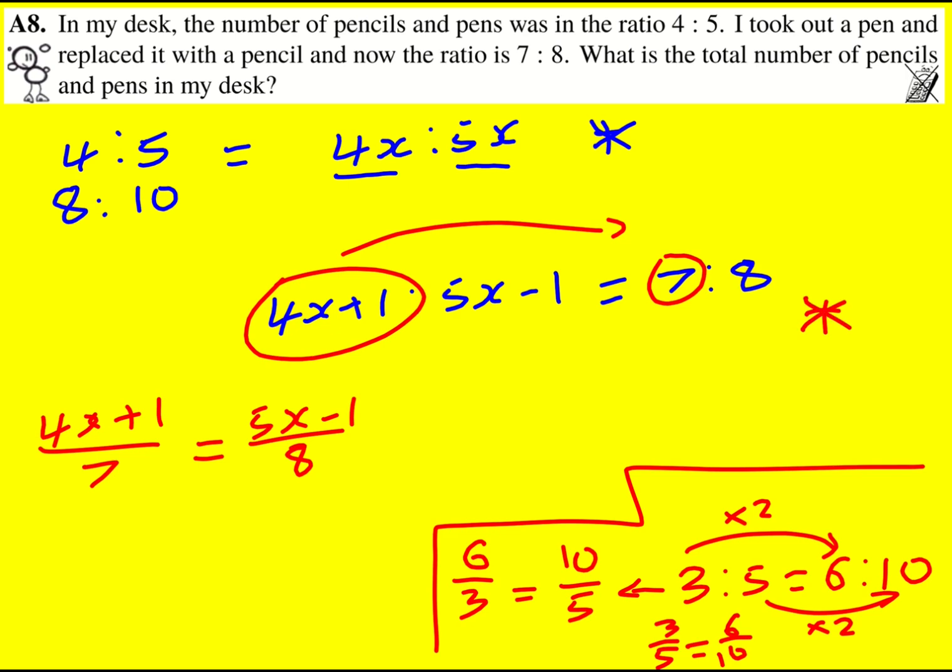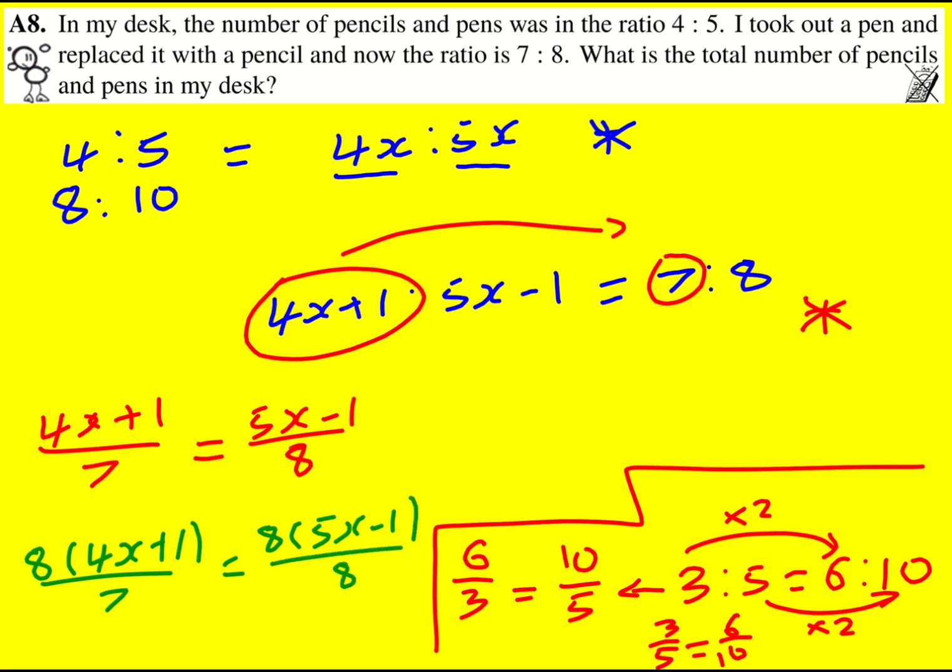Right, finally, we've got a fractional equation with x on both sides. To deal with this, we cross multiply, or in other words, we times both sides by 8, which means I'm going to get 8(4x plus 1) over 7 equals 8(5x minus 1). Notice I only times the top by 8 here because I'm timesing both sides.